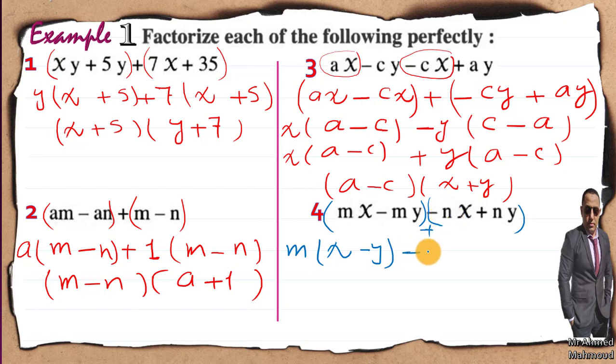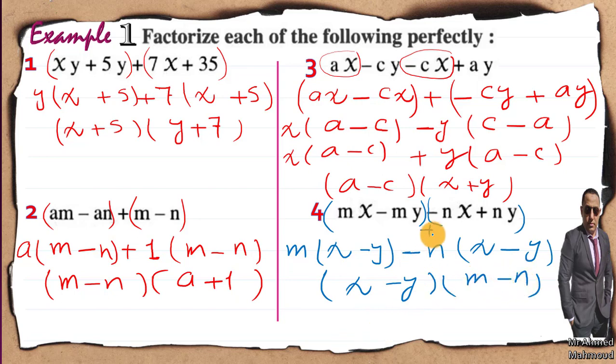Negative n divided by negative is positive, so nx divided by n equals x, and here positive divided by negative is negative, and ny divided by n equals y. Here x minus y and here x minus y, they are alike, so I don't need to switch the middle sign. So it will be x minus y and here m minus n.